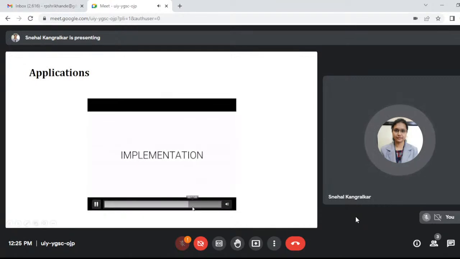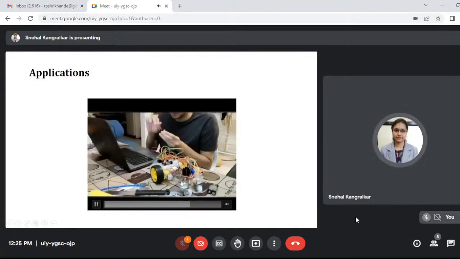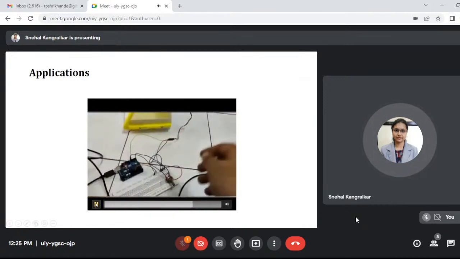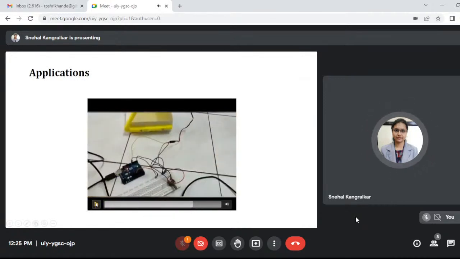The implementation part is shown here, which is not required. So you can implement many such projects and have a course activity.